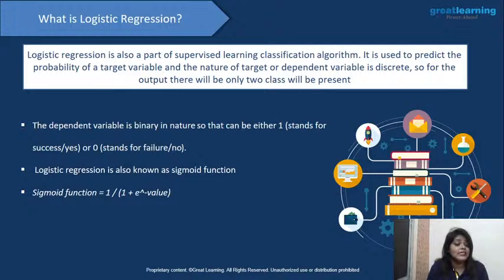This type of data set is known as a discrete type of data set. Right? So there are in total 2 types of data set. One is labeled data set, one is unlabeled data set. Under labeled data set, you have 2 types. One is continuous value data set, one is discrete value data set. So when we talk about these 2 particular classes, that time it will be a discrete data set.